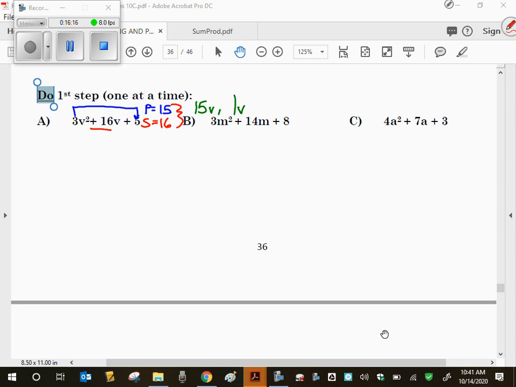Okay, the red term, you should be able to see that 16V equals 15V plus 1V.